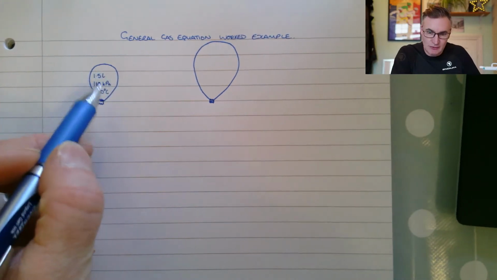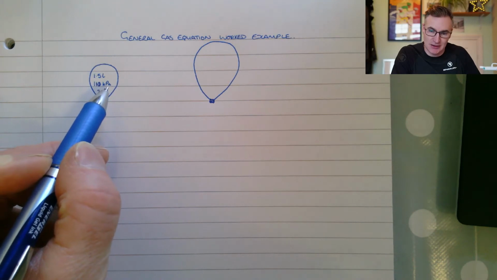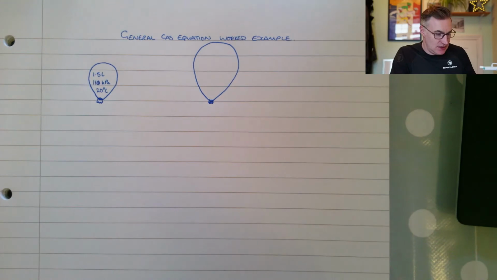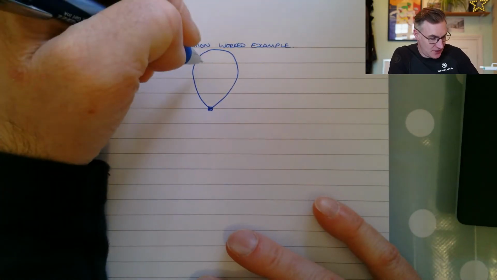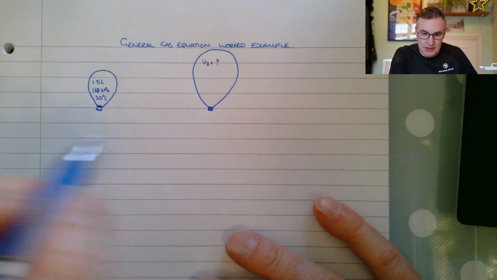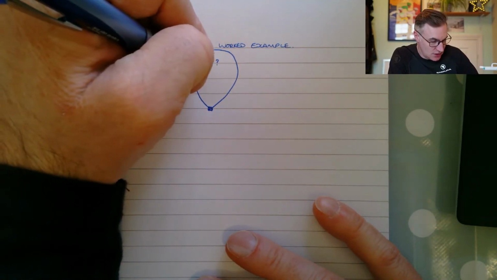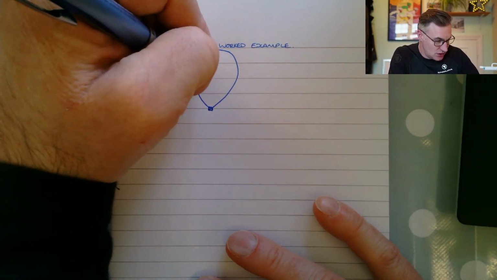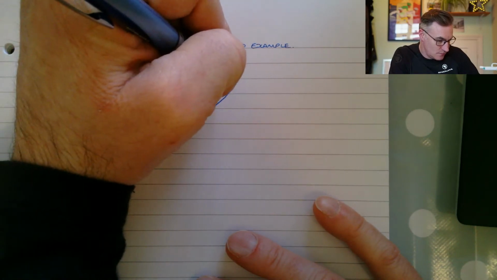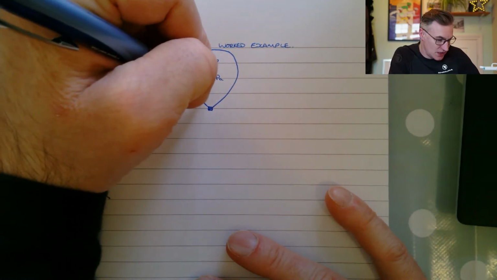Okay, so we're going to have a balloon. It has a volume of 1.5 litres with a pressure of 110 kilopascals at a temperature of 20 degrees C. Calculate the new volume, so we'll say V2 is equal to this, if the pressure has increased to, let's say, 180 kilopascals, and we're going to have a temperature of 60 degrees.